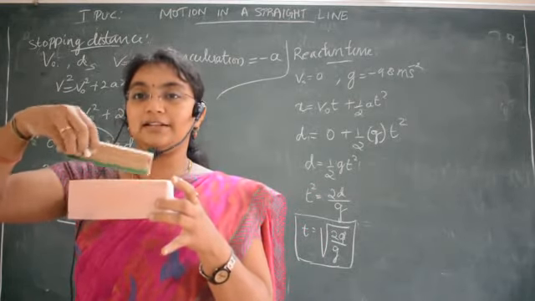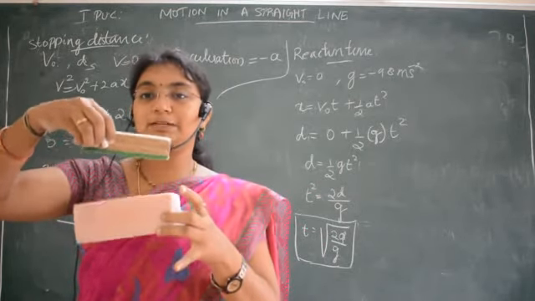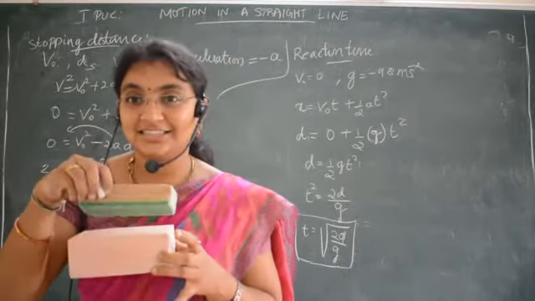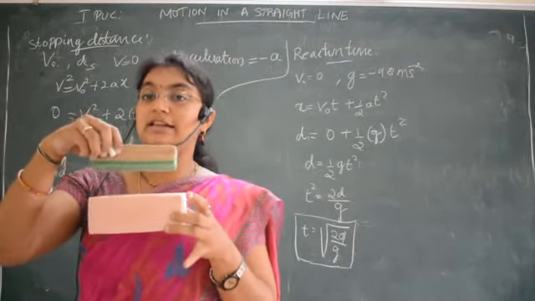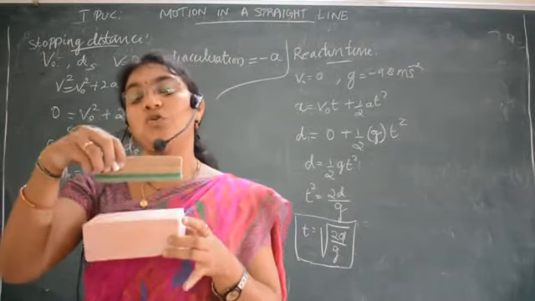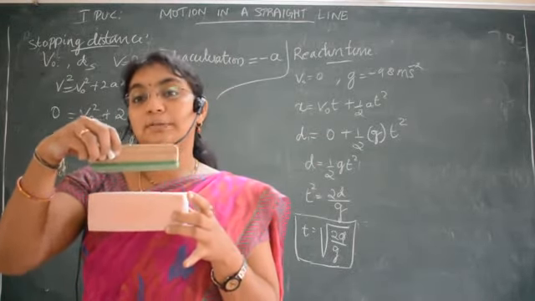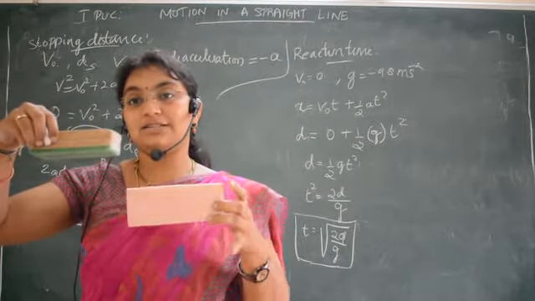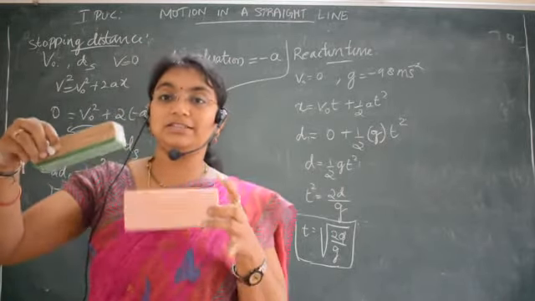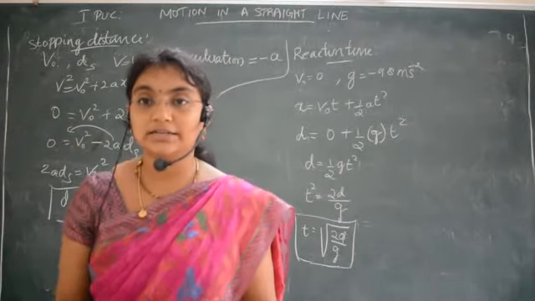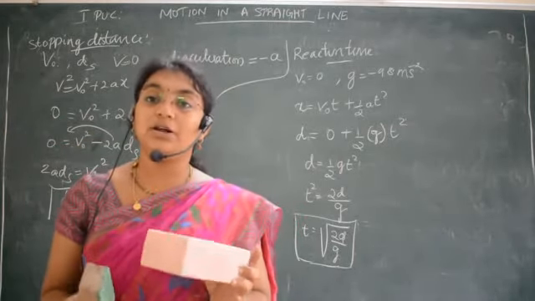For this person the other is at rest. For that person this one is at rest. Correct? For both of them, they are at rest. So I can say relative velocity is 0. Suppose one vehicle is moving with a faster velocity, another one with a slower velocity, then what we can say? This person is faster than that person, correct? That is nothing but relative velocity.